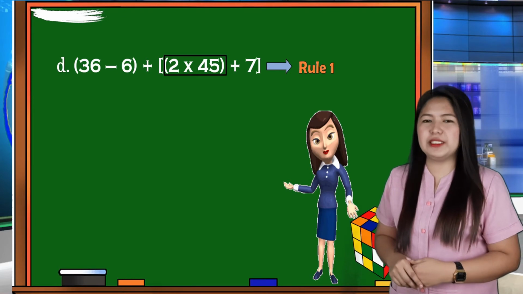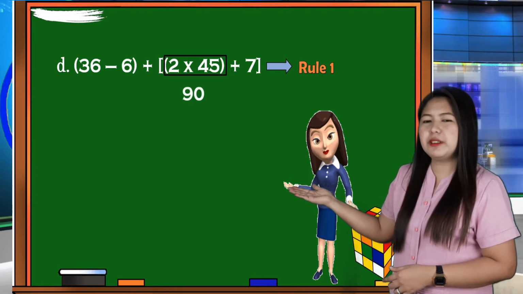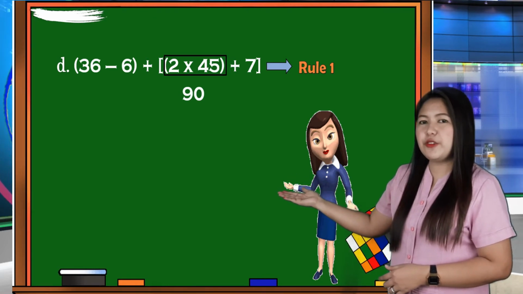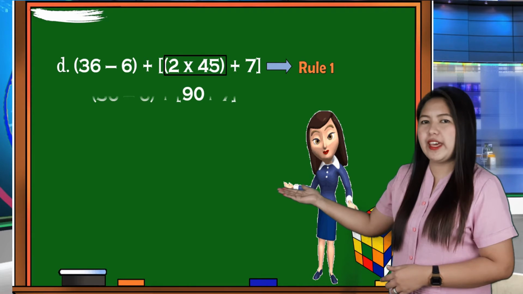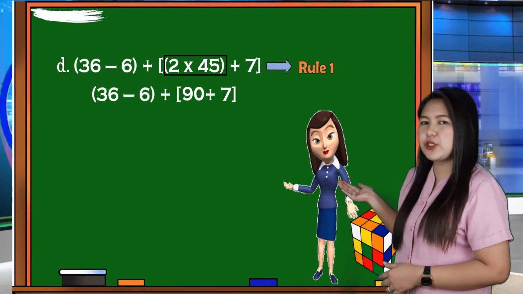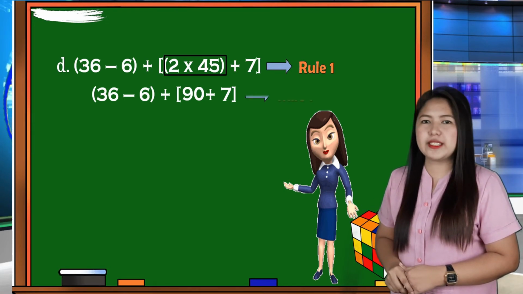Letter D example. The product of 2 and 45 plus 7 added to the difference of 36 and 6. So kung mapapansin natin sa expression na ito, meron tayong bracket at parentheses.